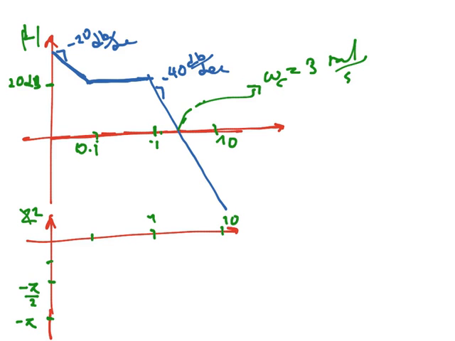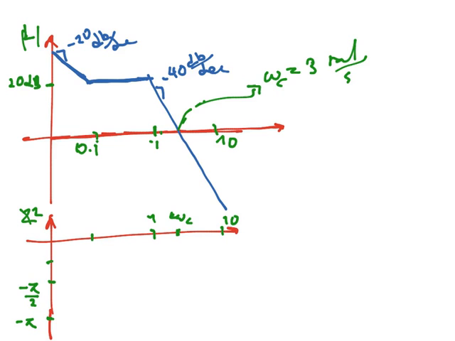Here is 1, here is ω_c. So you can also check the phase margin afterwards, after plotting this. You will get the correct value, I mean the value which is already satisfactory.